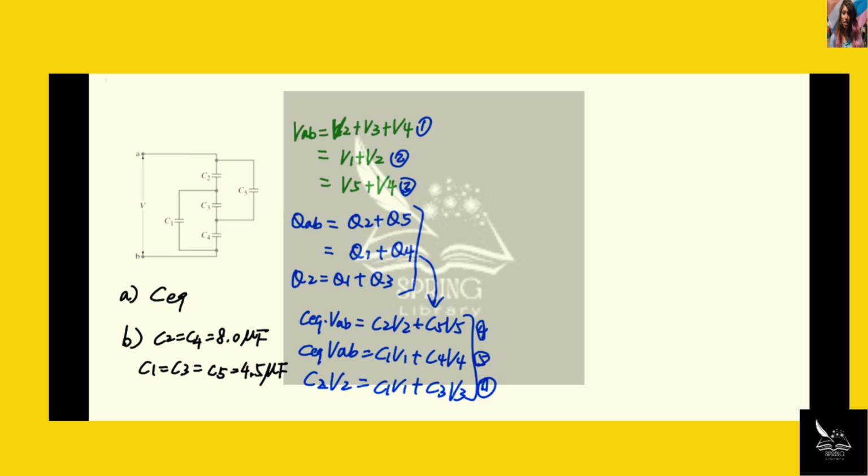Let's first try, we will eventually try to eliminate all the variables that we do not want. Say from equation 5 and equation 6, we can say C equivalent times V equals C1 V1 plus C4 V4.